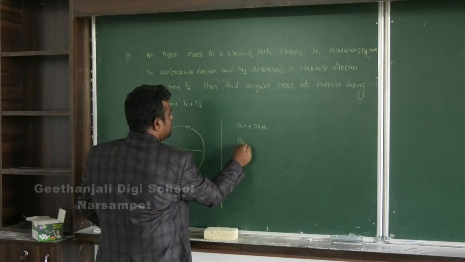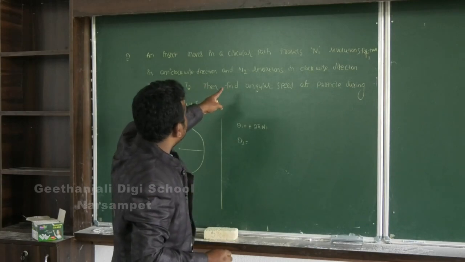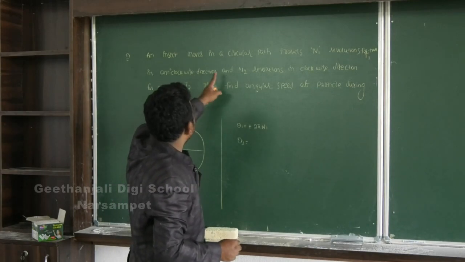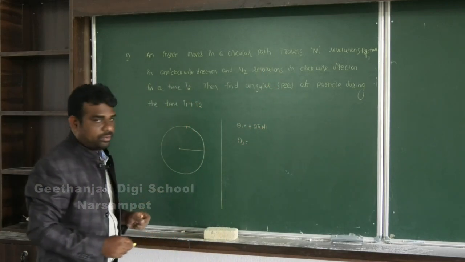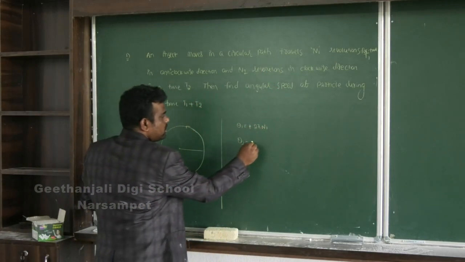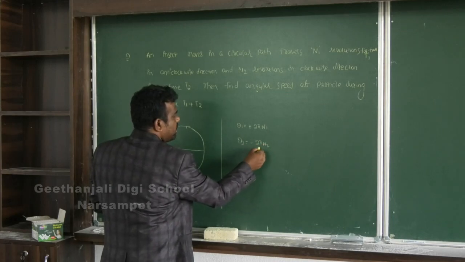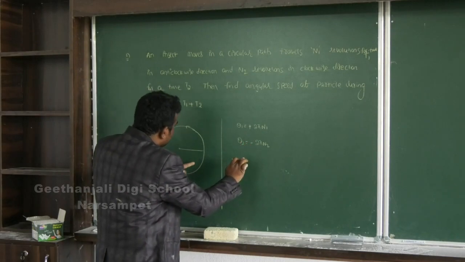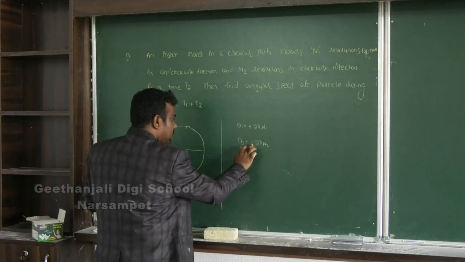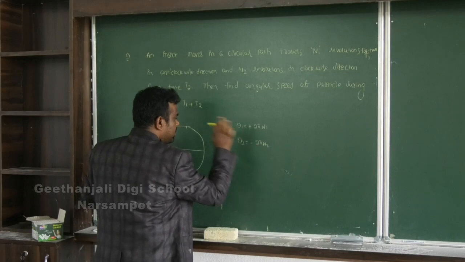One more thing: theta 2. What is theta 2? The insect is completing n2 revolutions in a clockwise direction for a time t2. So I can write minus 2 pi n2. Why? As the angle is being measured in the clockwise sense, it is minus, and if it completes one revolution it is 2 pi, as it is completing n2 revolutions, minus 2 pi n2.